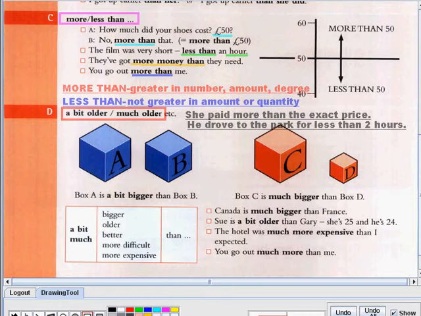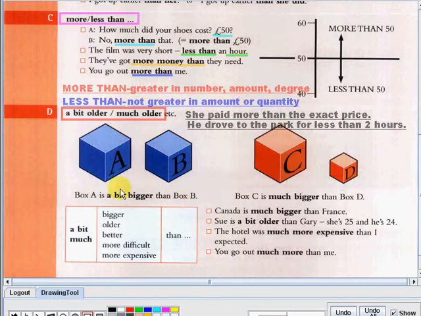Now let's add more quantifiers in our vocabulary. We have a bit and much. Okay, so let's have sample sentences. By looking at these two boxes, we can say that box A is a bit bigger than box B. So what does it mean?